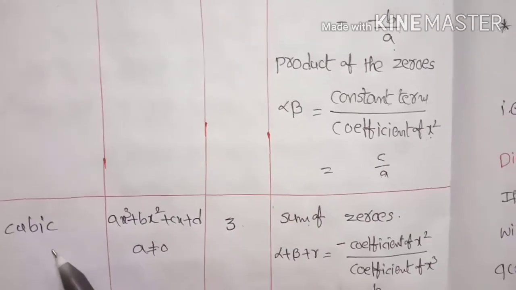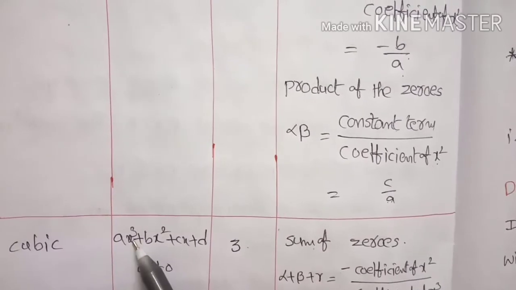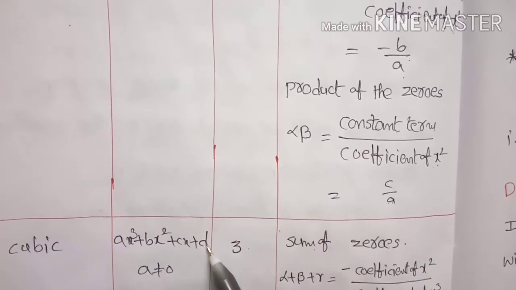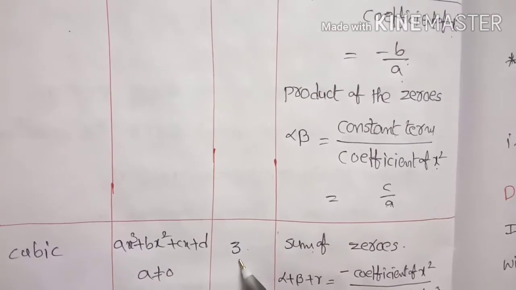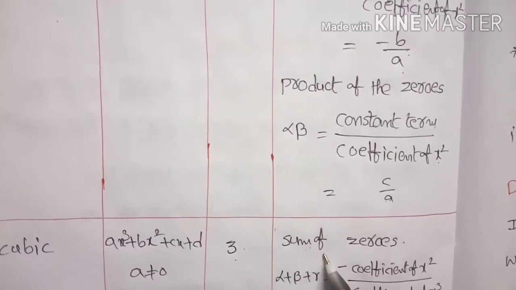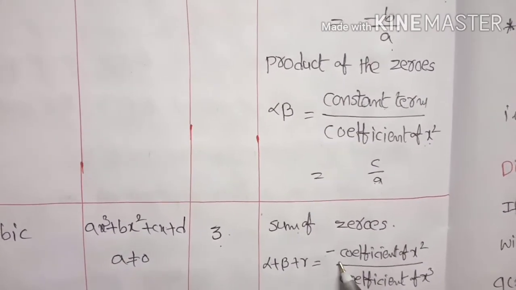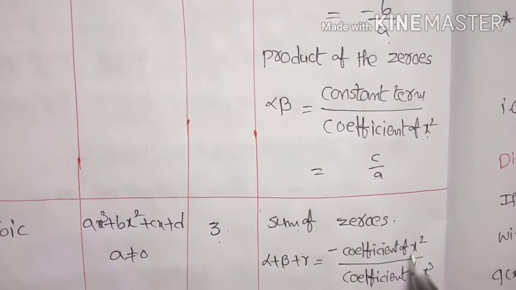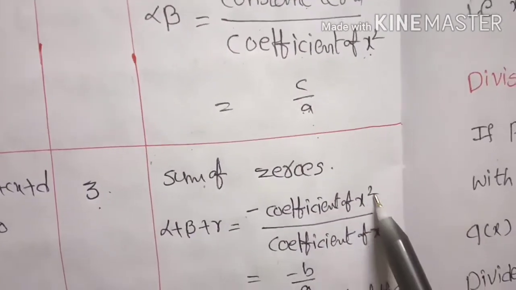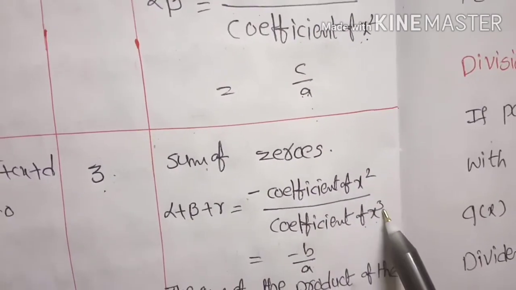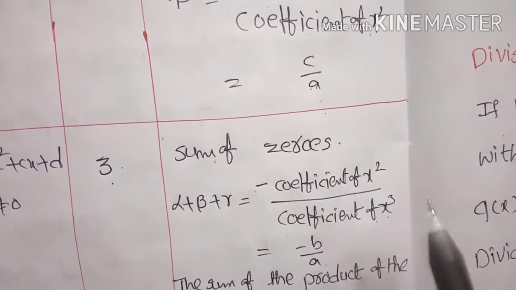Next, cubic polynomial: ax cube plus bx square plus cx plus d, a not equal to 0. How many zeros? 3 zeros. Relationship: sum of zeros, alpha plus beta plus gamma, is equal to minus coefficient of x square by coefficient of x cube, that is minus b by a.